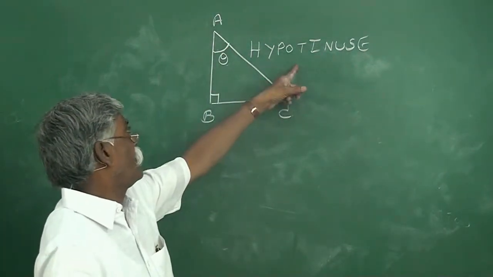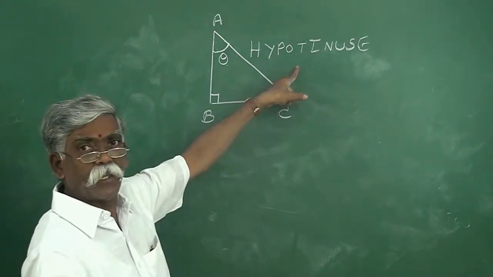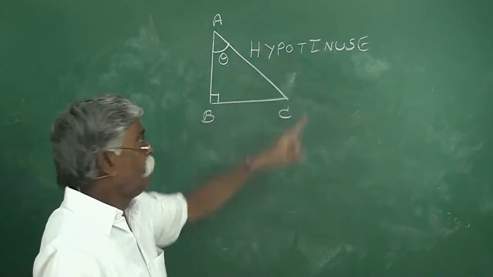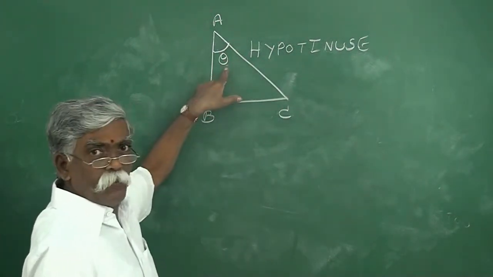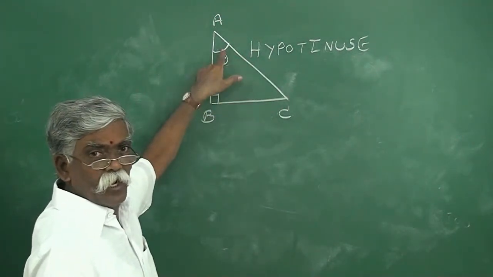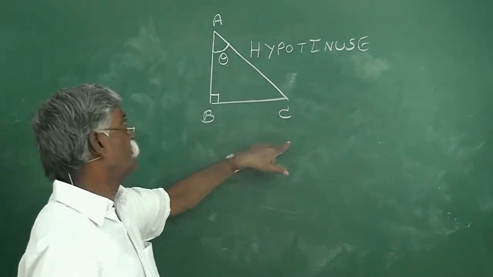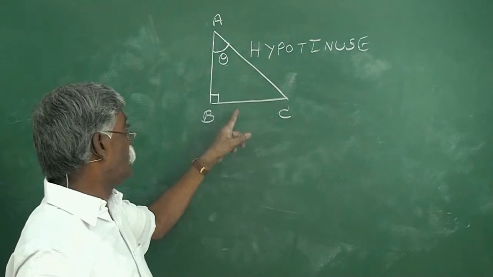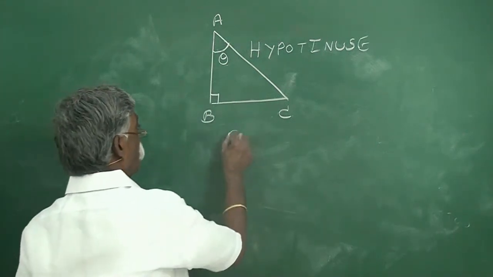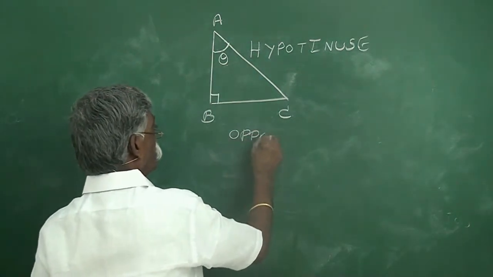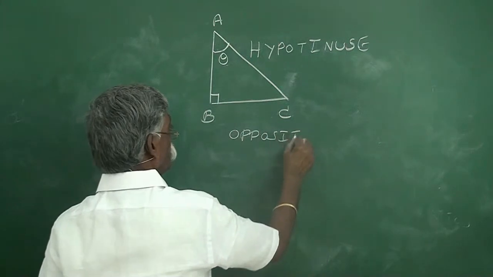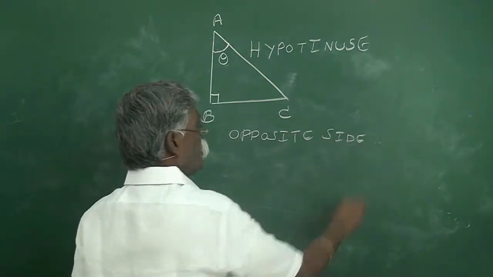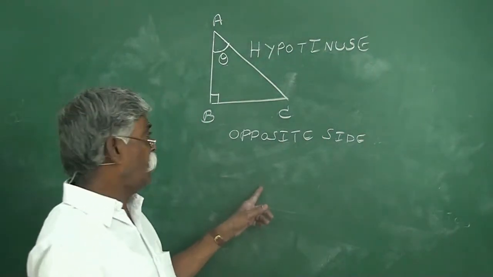Previously we have mentioned that the side opposite to the right angle of a right angle triangle is hypotenuse. Now after taking one of these two acute angles, and specifically when this is theta, this is called opposite side. So what is opposite side actually?